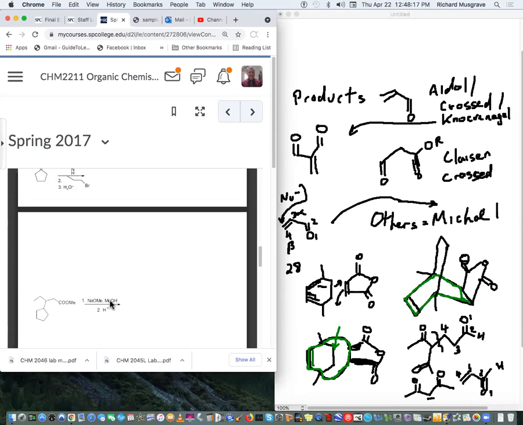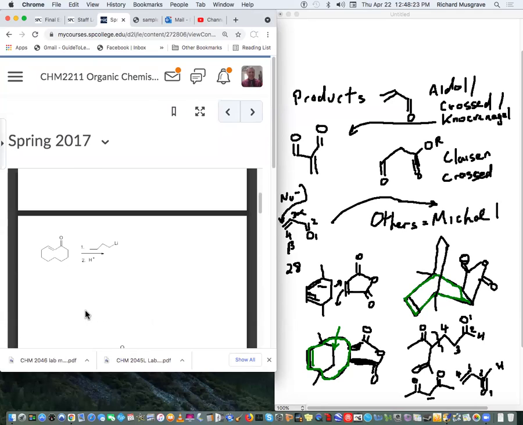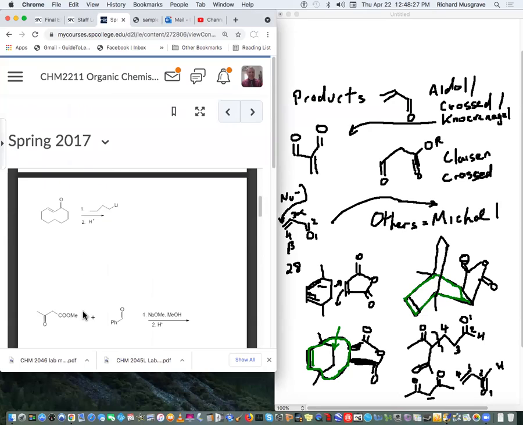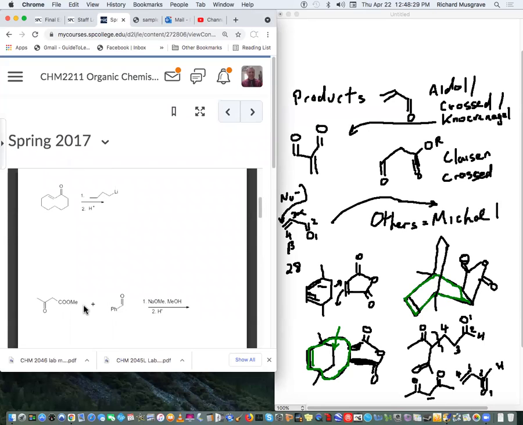So the big difference is, look at the ester groupings. There's always 2 ester groupings involved in a Claisen or even a crossed Claisen. If you look at this example here though, you'll see that this one doesn't have an ester grouping. It's an aldehyde, so it doesn't have the alpha hydrogen.